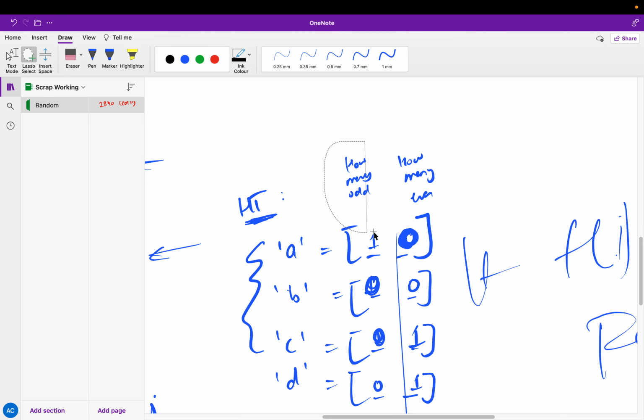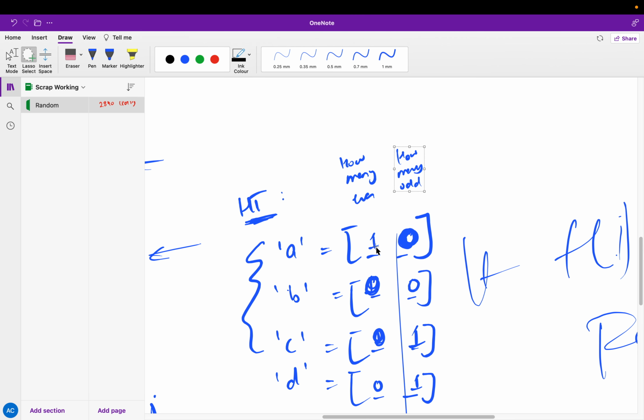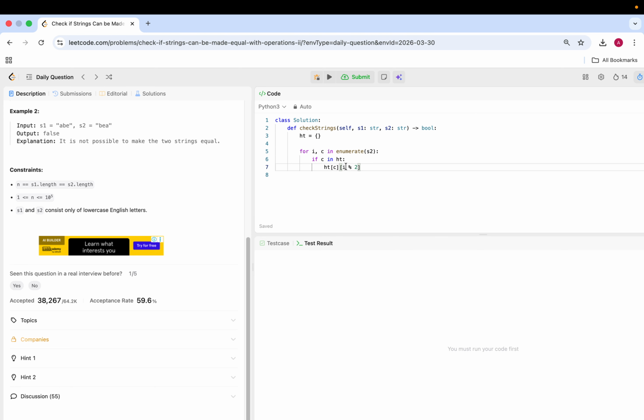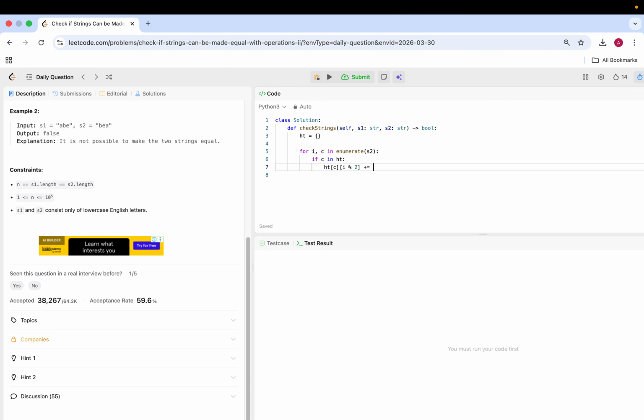Sorry, in hindsight, this should be here, and this should be here. And in turn, all these values should have been swapped around. We're doing even first because I mod 2 will return 0, so the index 0 should be even. If I is even, then I mod 2 will return 0, which is the 0th column, plus equals 1.